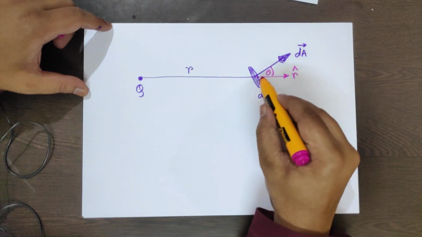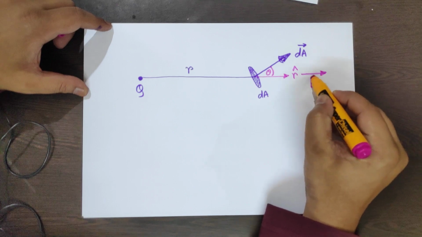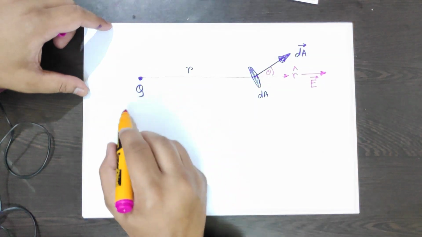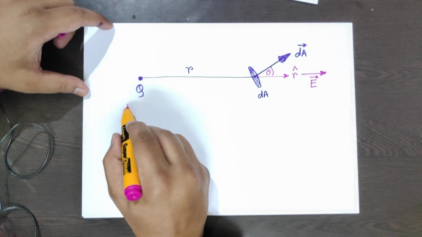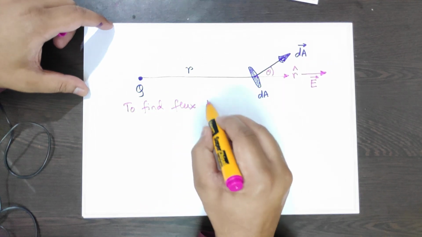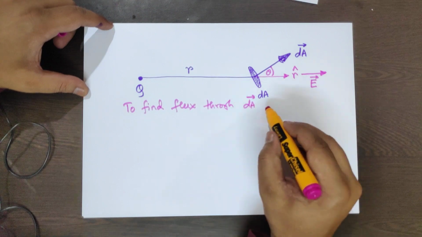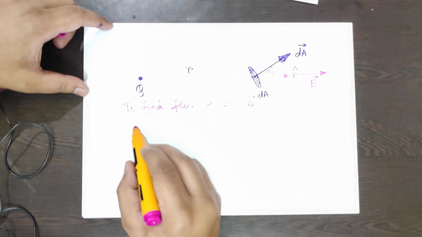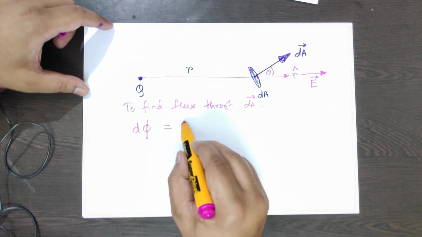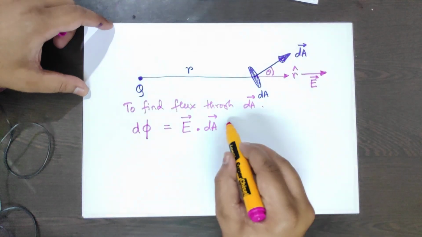Now this r cap is the same as the direction of the electric field at this point due to this point charge q. Now we have to find the flux through dA due to the charge q only. So the flux through dA, d phi, is equal to E dot dA, right?